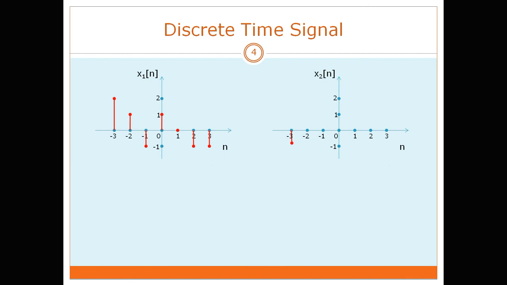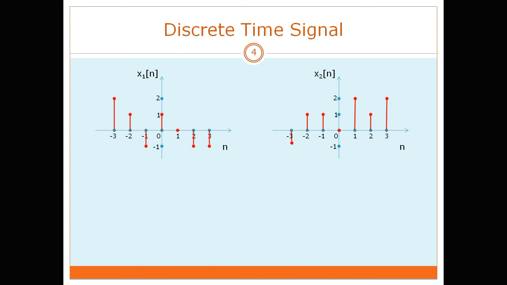So at n equal to -3 its value is -1, at n equal to -2 its value is +1, at n equal to -1 its value is +1, at n equal to 0 its value is 0, at n equal to 1 its value is 2, at n equal to 2 its value is 1, at n equal to 3 its value is 2. So these two have been given as example problems, and we need to find y of n.